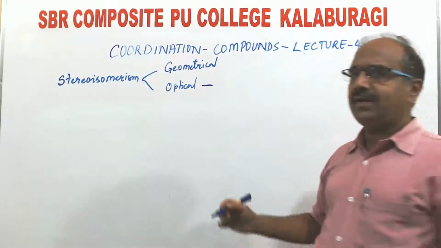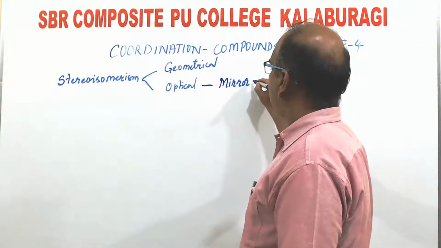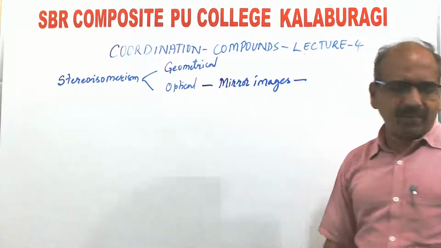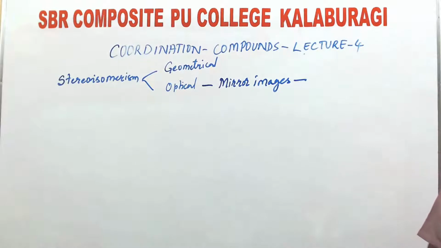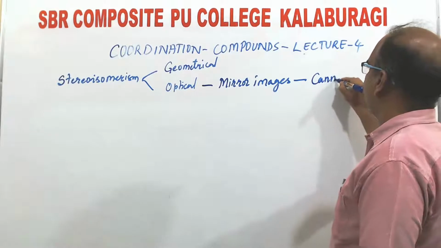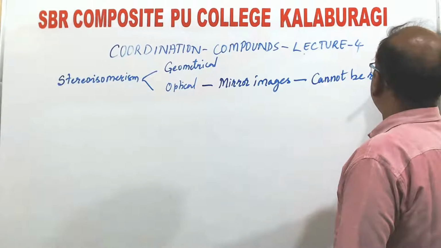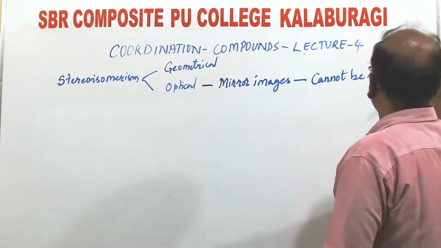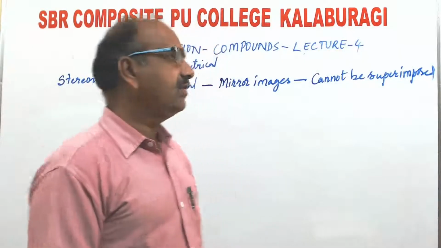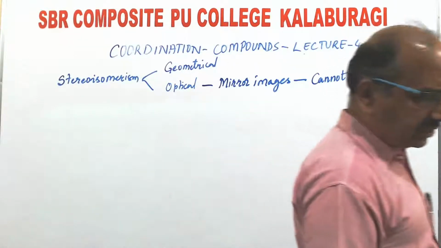Optical isomerism arises because of the mirror images of molecules, but these mirror images cannot be superimposed. They are not the same. The atomic groups will not fall on the same point. Such a thing we call non-superimposable. So they give rise to something called enantiomers.